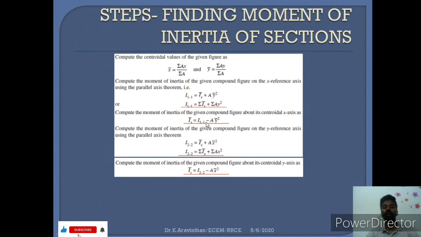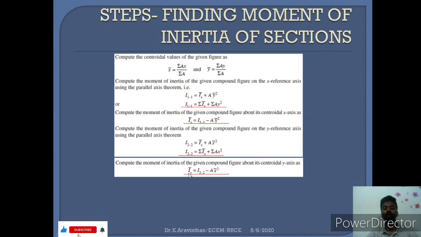And I11 is the sum of Ix, that is the sum of moment of inertia of each and every individual shape, plus the sum of area into y square. So this is y square and this is y bar square. You should find the difference.